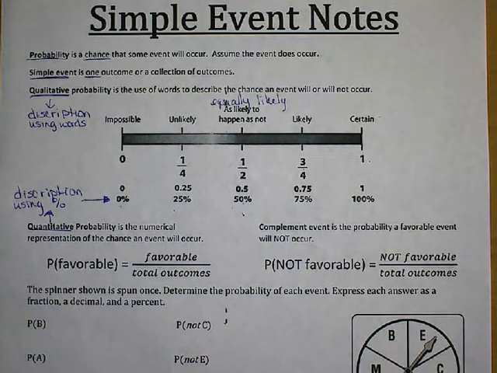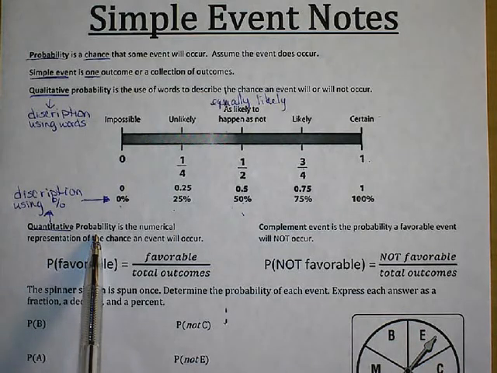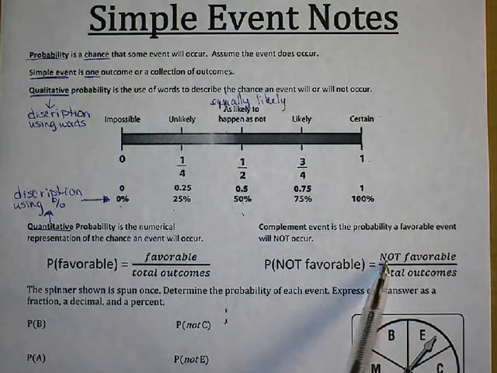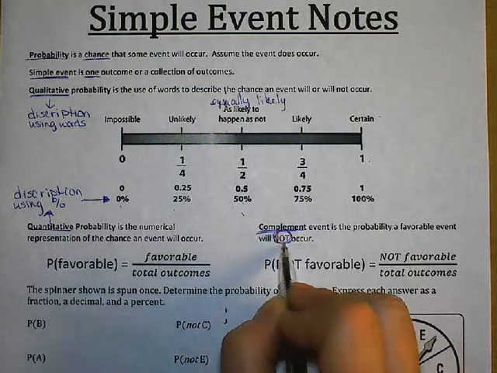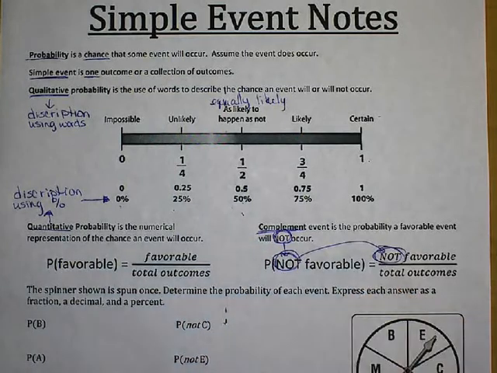There are 2 types of quantitative probability that we look at. We look at the probability that an event will occur, then we also look at the complement event that it will not occur. The complement is huge because you see the word not a lot.